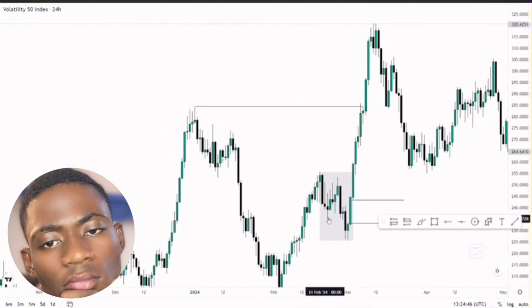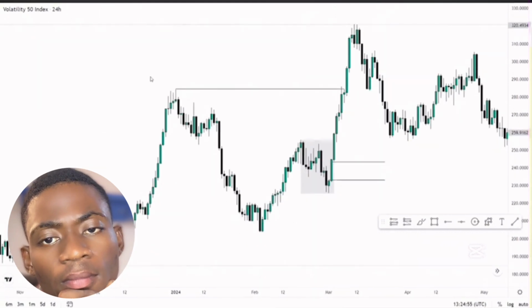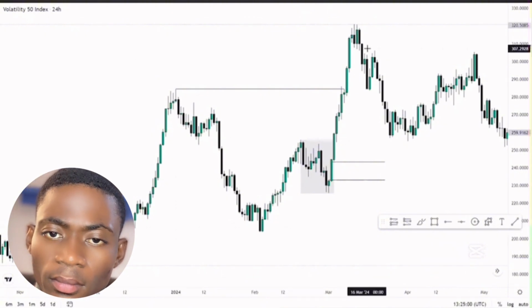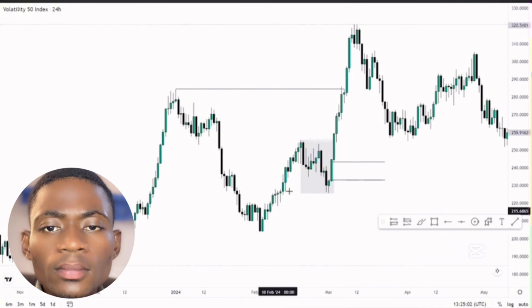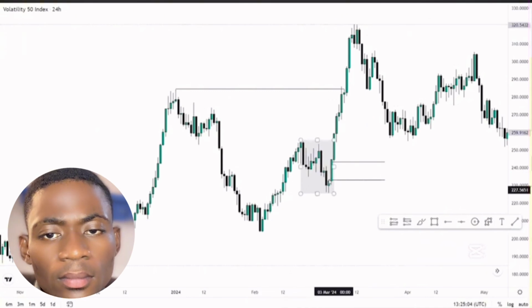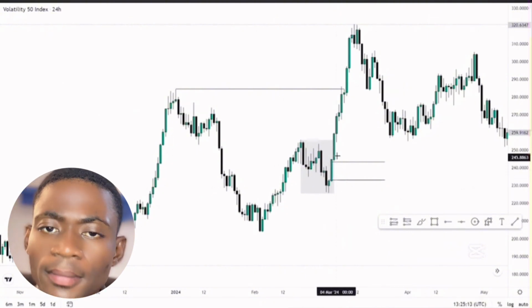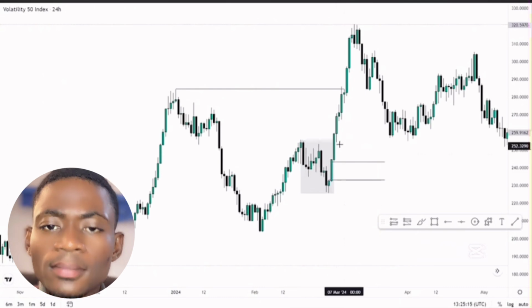I mean, for this particular structure, this high, this low, then we had a break of structure to the upside. So this particular low is actually a liquidity, right?